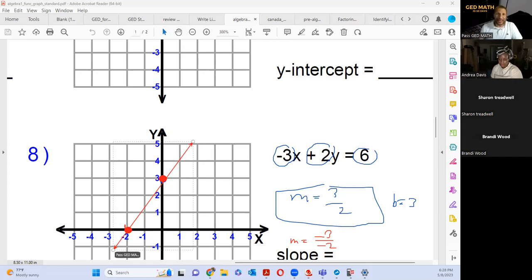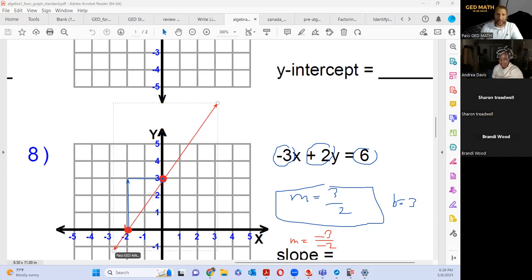And what does that mean? Let me show you again. What does the slope mean? Every time I go up 3 and over 2, I'm going to be on this line. On the same line. Watch this. 1, 2, 3. 1, 2 on this line. If I could go up 3 again, if I could extend this line, it would still be the same. Let me try to extend it perfectly.